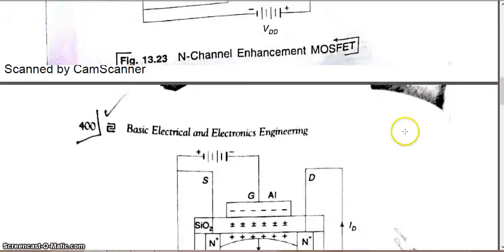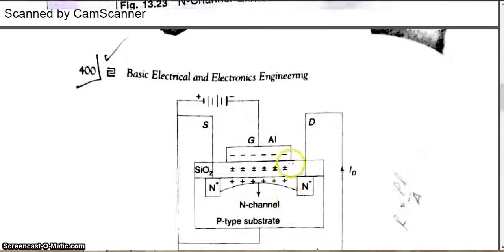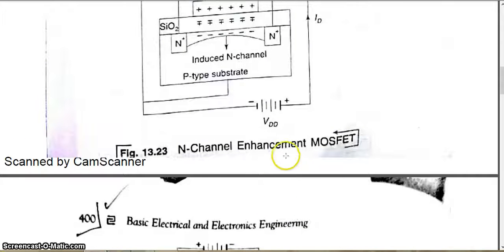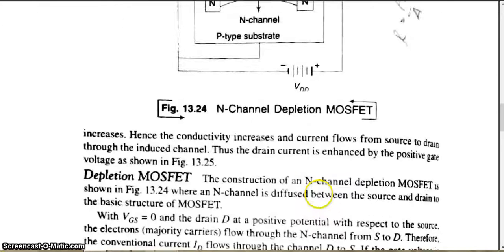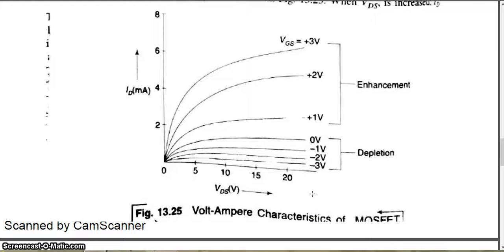Now let us discuss the characteristics. This shows the N-type channel, and let us see the characteristics of the drain current versus drain source voltage. When VGS is positive, that is when it is in enhancement mode, as explained earlier, the current will be more.